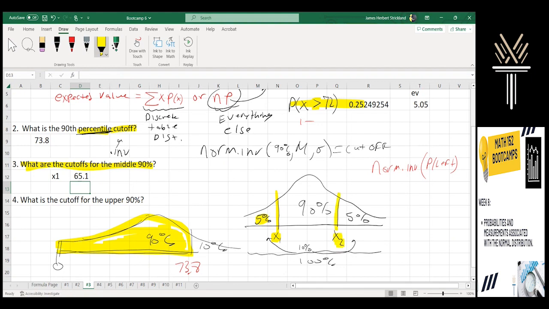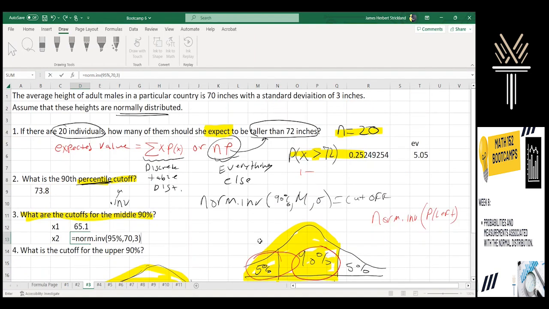It's not just 90. All of this stuff is left of X2. Everything that's left of X2. So it's that 90 and that 5, aka 95%. So to do X2, norm.inverse 95%, given my mean and deviation, which was 70 and 3. There we go. And there's my two measurements that separate the middle 90% out.